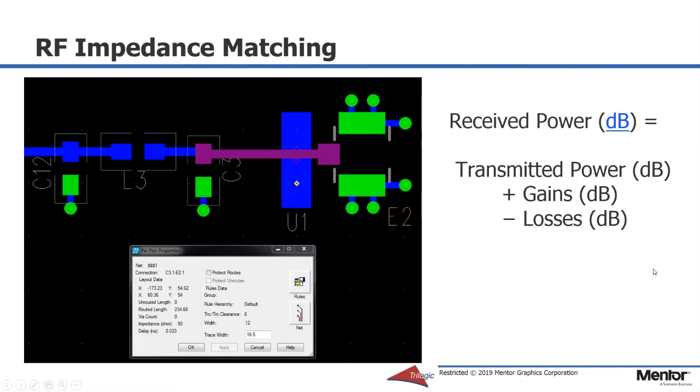One of the most critical, rather. Matched impedance allows maximum transfer of signal, as I said, from the radio to the antenna, and if not done correctly, we'll have loss. So we don't want loss, so we're going to try to avoid that by using a tool in PADS layout that will allow us to do this in a few different ways.